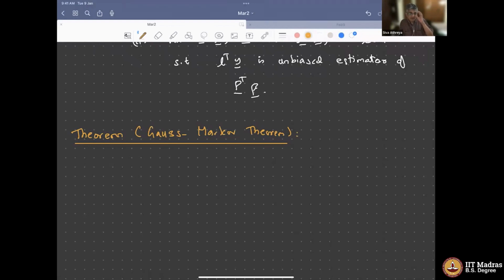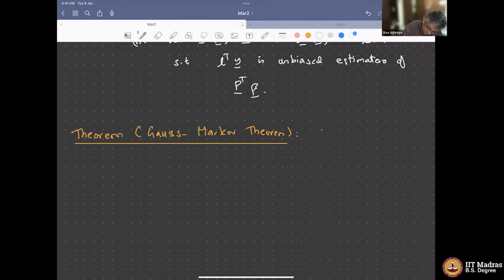The theorem says the following. Suppose you have a linear model and an estimable linear parametric function. Then the least square estimate is the best linear unbiased estimate of the parametric function. So let's start again and write this down.